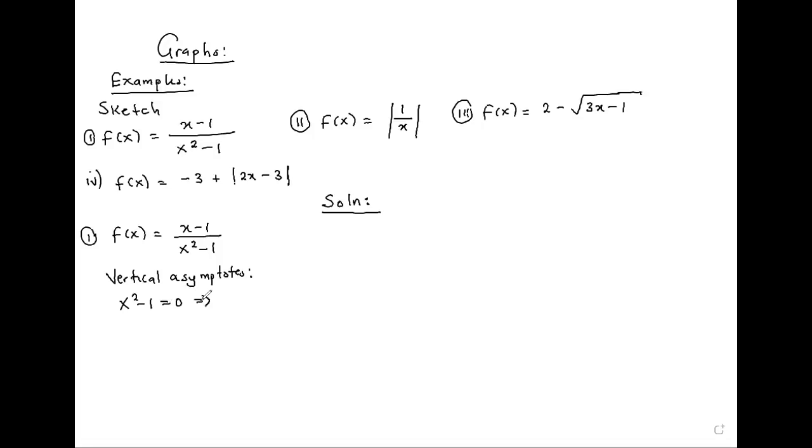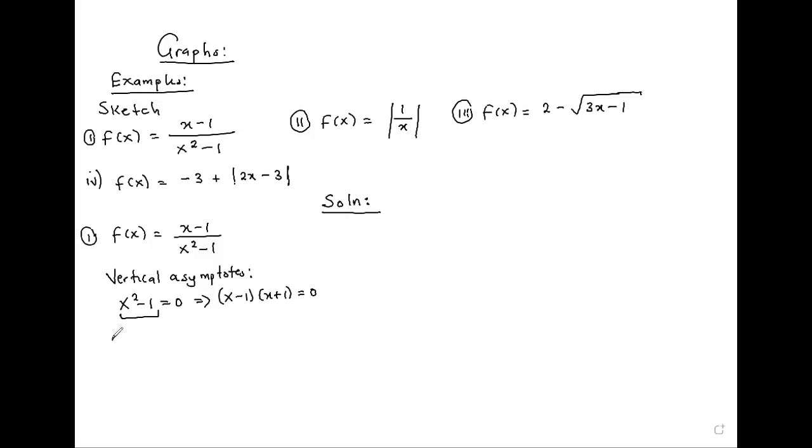This can be done also. You take x squared, you take 1 the other side, or we treat it as a difference of 2 squares, so that you can see something as well here. This is just x minus 1 multiplied by x plus 1 is equal to 0. So this is how you factorize this.